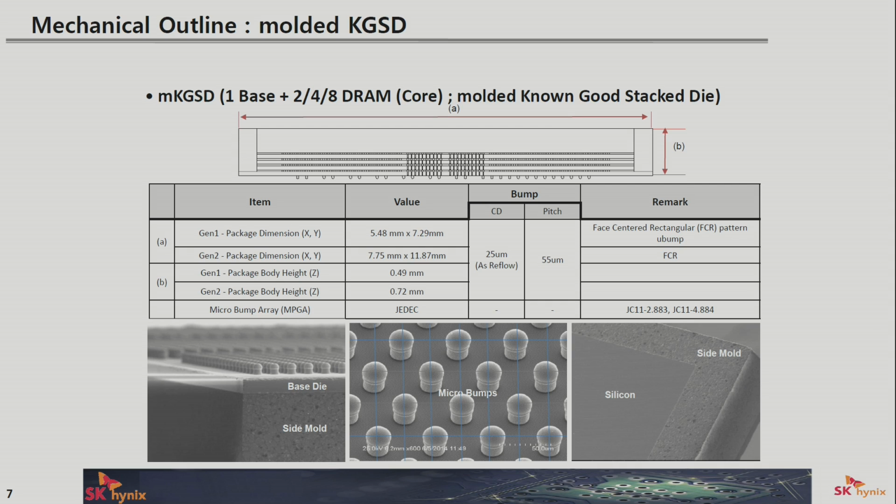The figure on the bottom right shows the top view of the HBM device. The top die of the HBM device is exposed, and it helps with the heat dissipation from the bottom of the die. There's side molding that we add to the lateral aspect of the device, which helps in improving the overall integrity of the HBM.